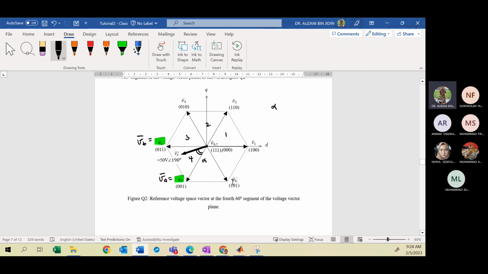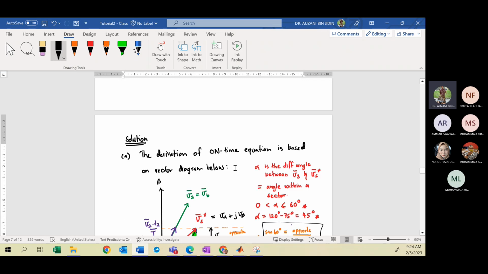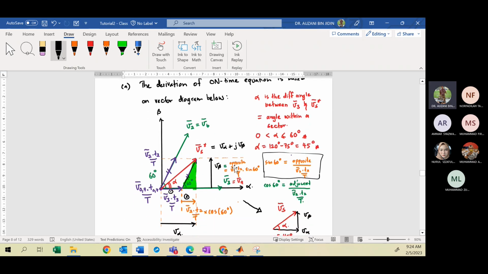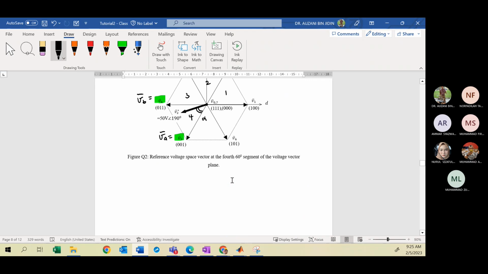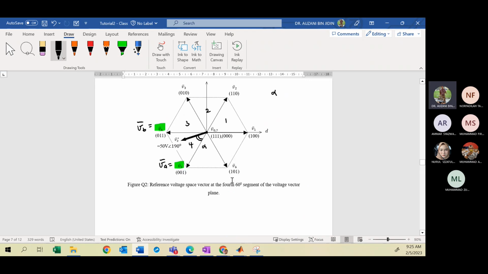Okay? So from here, you can change. I just erase the subscript number here. So here will be what? V5, right? And the first vector to be selected is V5. So you need to sketch the V5 vector in line with the alpha axis.